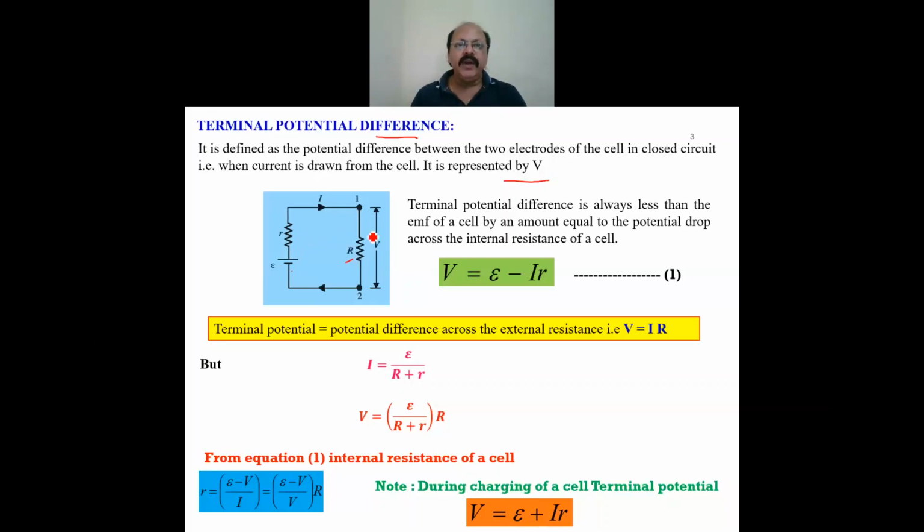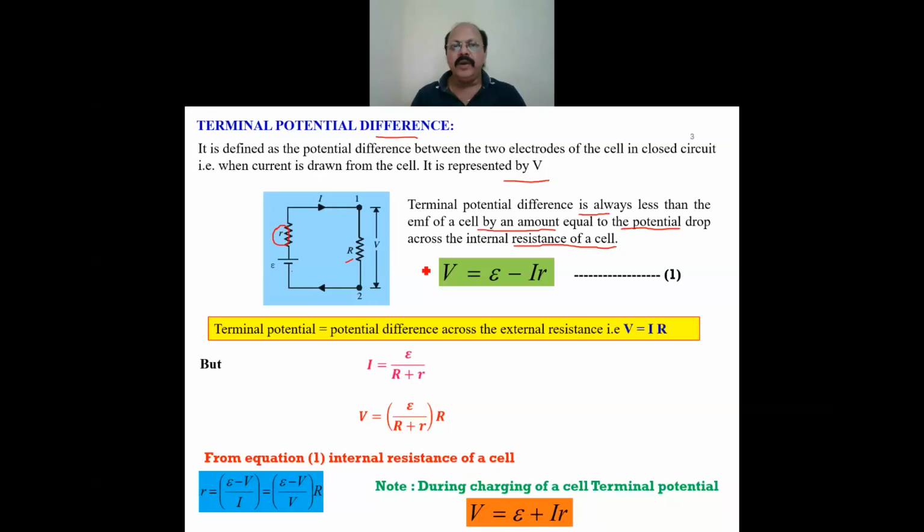Then the terminal potential difference is always less than the EMF of the cell by an amount equal to the potential drop across the internal resistance of the cell. When the current passes through the internal resistance of the cell, I into internal resistance, that is Ir, is the potential drop.